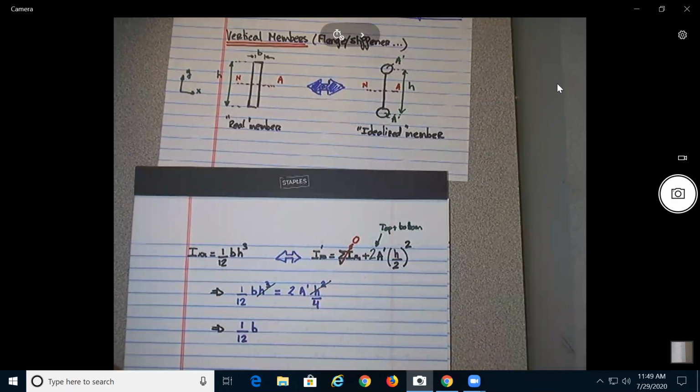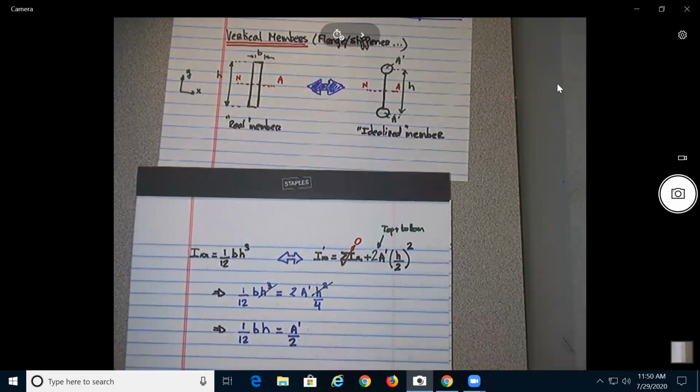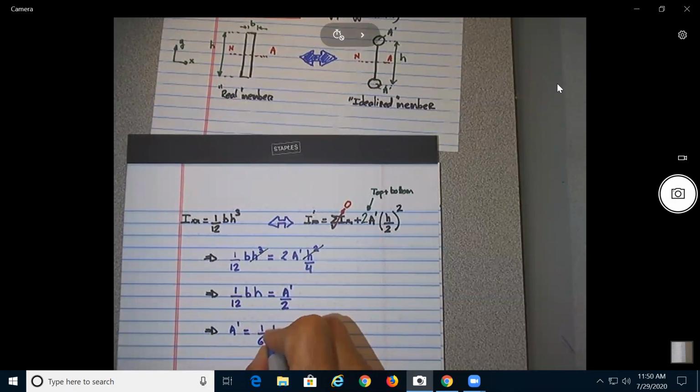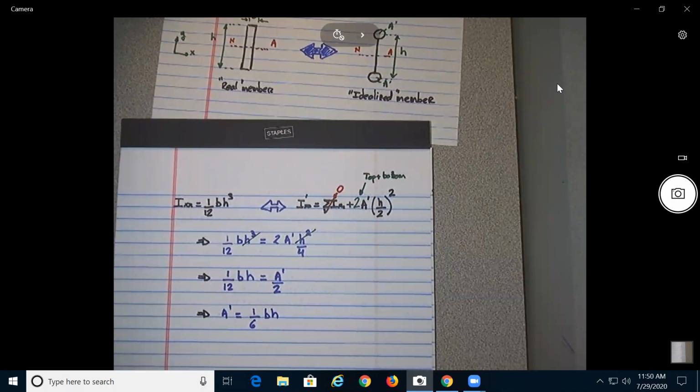So this will mean we have 1/12 of b h equal to A prime over 2. Okay, that's what I was trying to say before. So this will give you that A prime is equal to 1/6 b times h. Okay, and what is b times h?